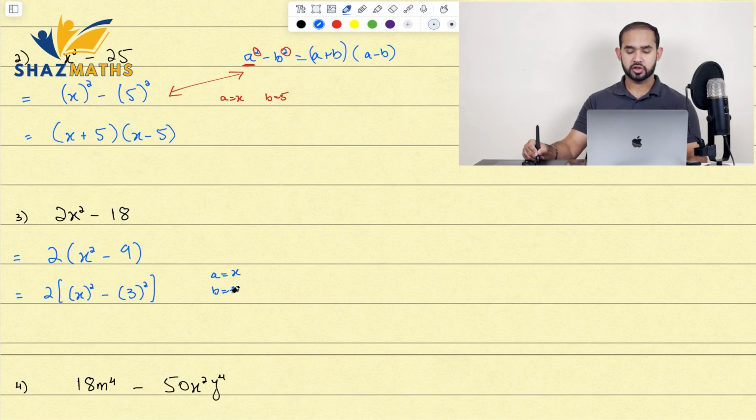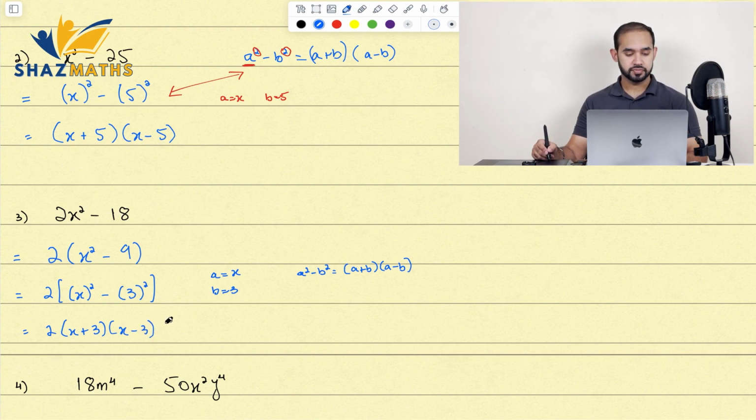And remember, a square minus b square was equals to a plus b times a minus b, right? So I'm going to replace the values of a and b with x and 3 now. So this would be equivalent to a plus b times a minus b. And that's it. We've got the final answer.